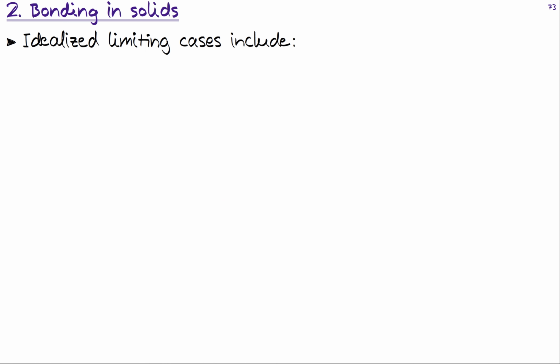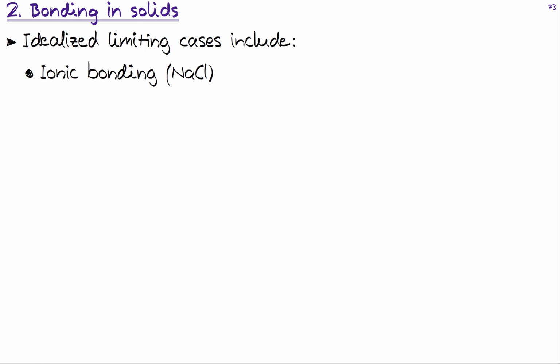We have, as we know from high school chemistry, these idealized limiting cases of different types of bonding forces and subsequently solids. So one ideal case is ionic bonding, and there a prime example is sodium chloride.